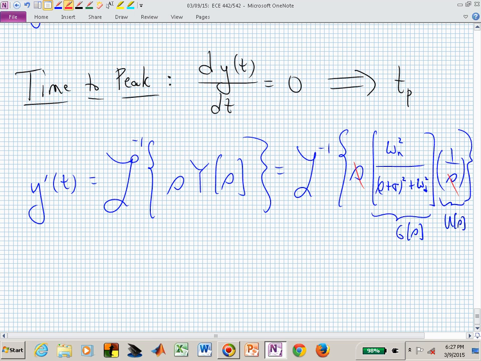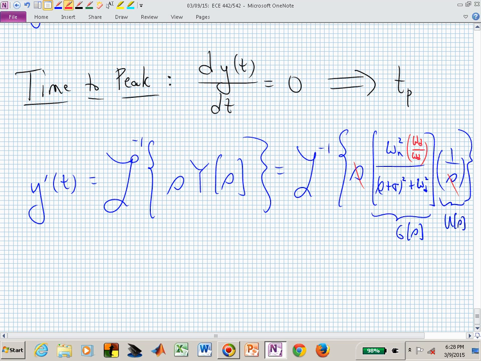We don't have that. We just have a constant, and this would be a lot easier if the numerator was actually omega sub d. So let's force it to have an omega sub d by multiplying by 1, and factor out what we don't want in there, and that will just be a scaling factor. If you look in your tables, you'll have omega sub d over s plus sigma squared plus omega sub d squared.